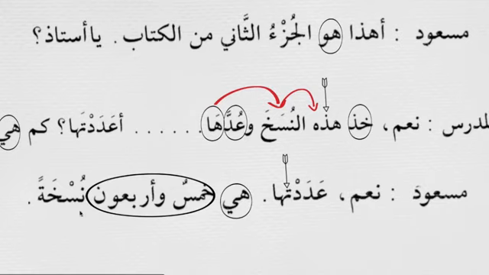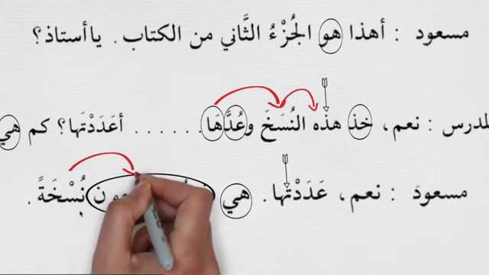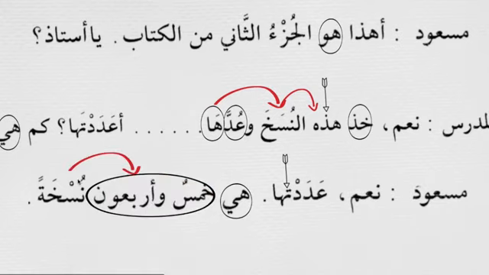Nuskhatan. Why nuskhatan? Because for the numbers from 11 to 99, the ma'dud is singular and indefinite, tamyiz. So if you remember, it's tamyiz. That's why it is nuskhatun. If it was only 3, this is thalathatu nusakhin. So here, khamsun wa arba'una nuskhatun.